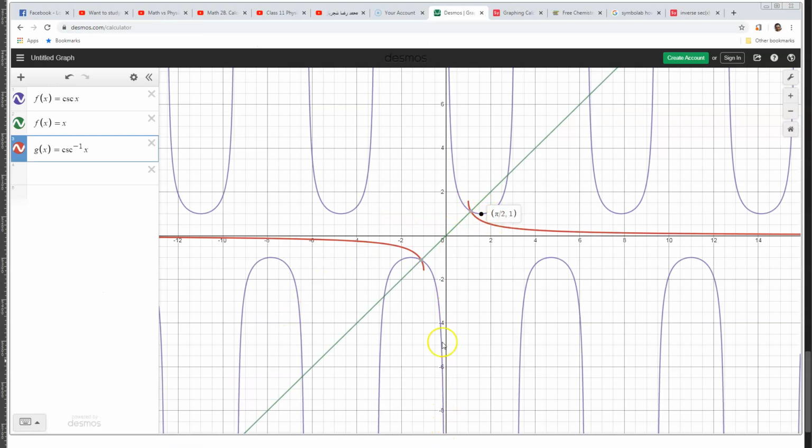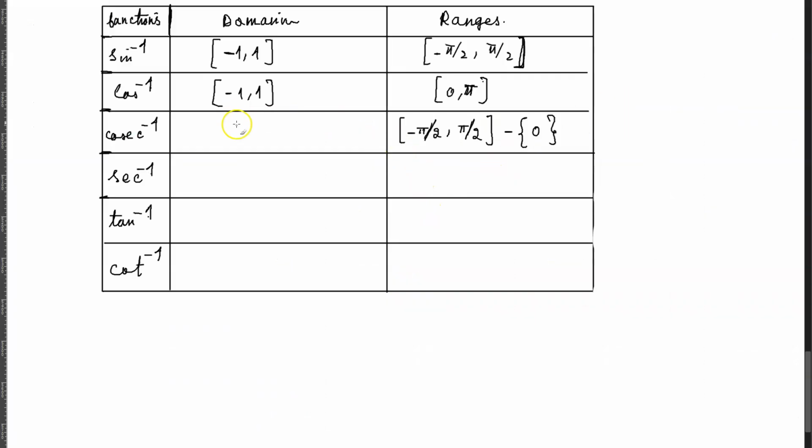The range of the original function is r minus all of these values between negative 1 and 1, which means that here you get r minus the open interval negative 1 comma 1. Okay, so that's about the cosecant inverse function.